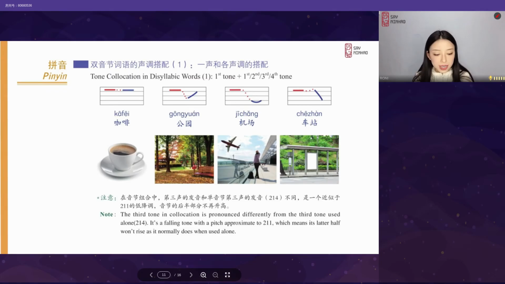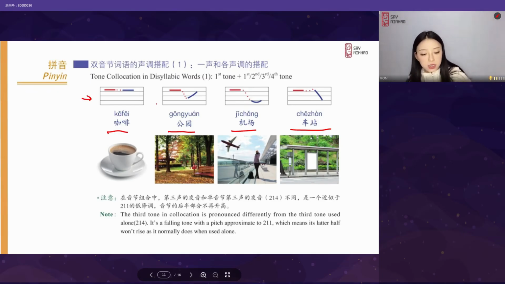Okay, let's see. These four words, some of them you already know. First one is 咖啡, which means coffee. And we can see here there are four tables, which indicates the pitch of the tone, okay, from 1 to 5.